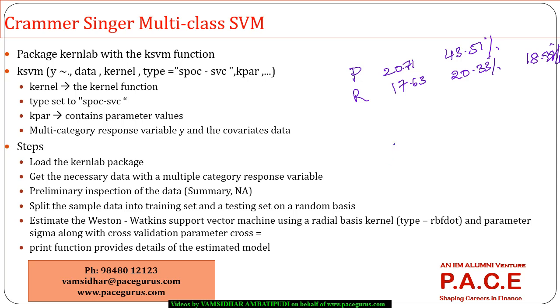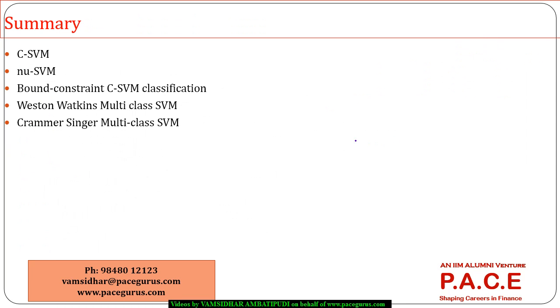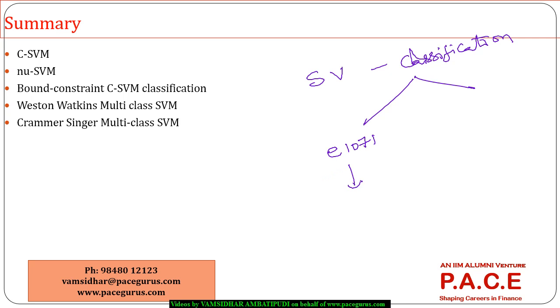So in short, if I have to talk about the support vector based classification, I can rely on two major packages. Either I can rely on the e1071 package, where I can very well use the svm function, wherein this can help me in executing the C-SVM algorithm as well as the Nu-SVM algorithm.